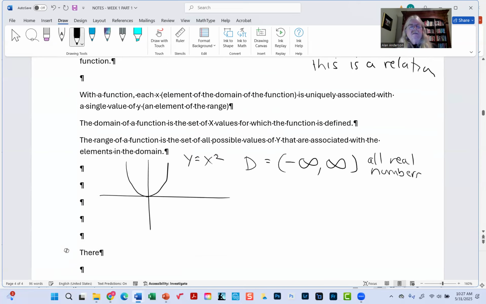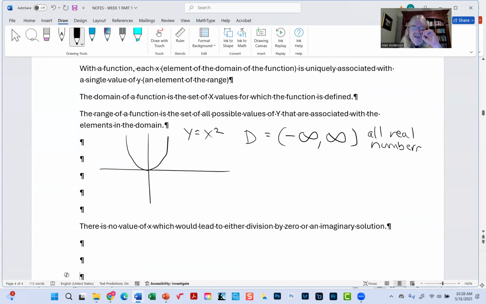There is no value of x which would lead to either division by 0 or an imaginary solution. So that's why the domain is all the reals. But on the other hand, the range is restricted to what we call the non-negative values.